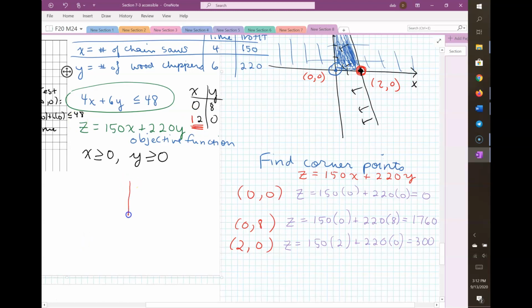So I'm going to make a new graph here. 2, 4, 6, 8, 10, 12. Here's my x-intercept. 2, 4, 6, 8. Here's my y-intercept.